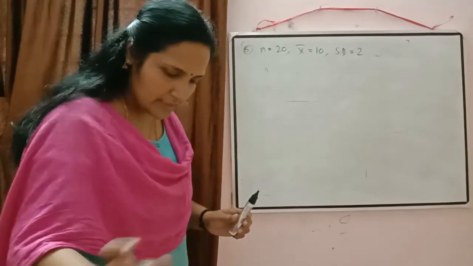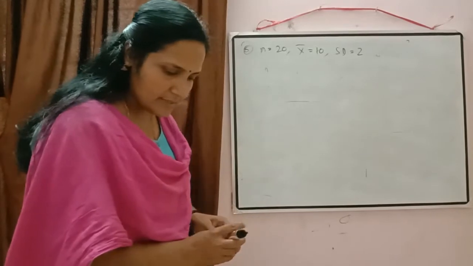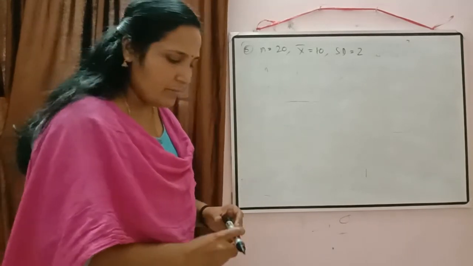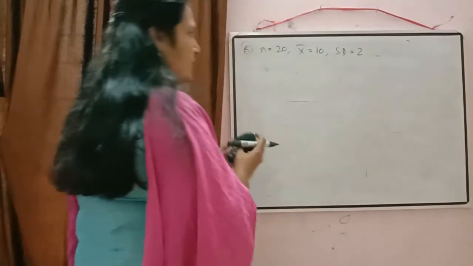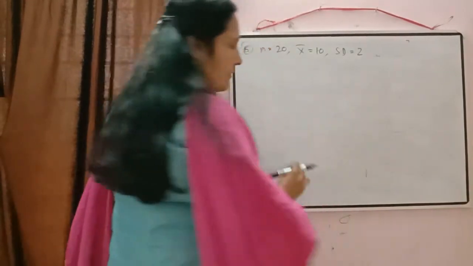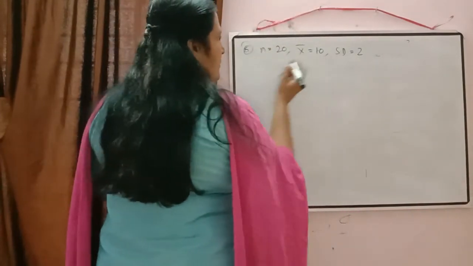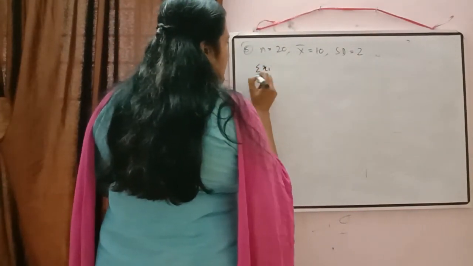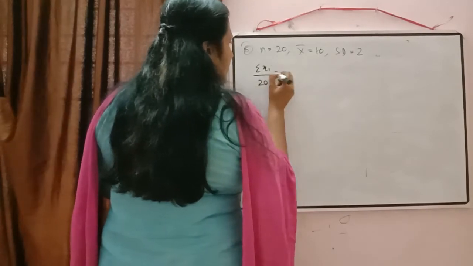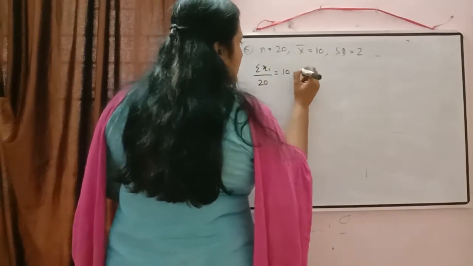In the first case, they are saying the wrong item is omitted, meaning we remove the wrong item. So in that case, what will come there? Which item was wrongly written? 8. So okay, the incorrect observation is 8. Again we can write down x bar, that is sigma xi by n. In place of n we have 20, is equal to 10.